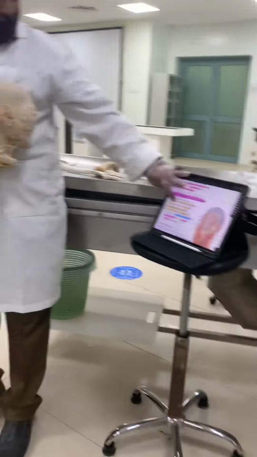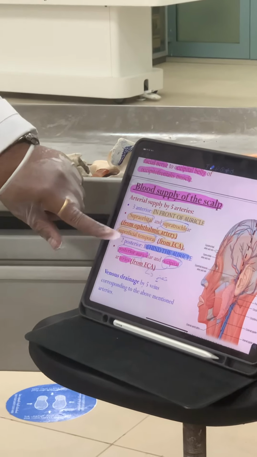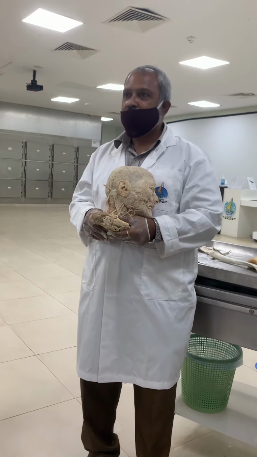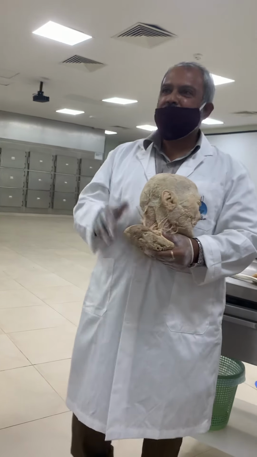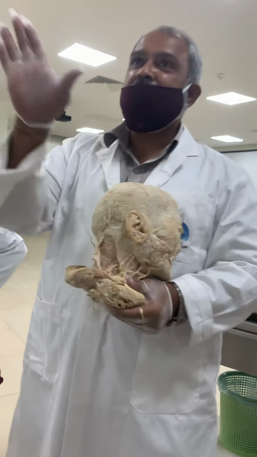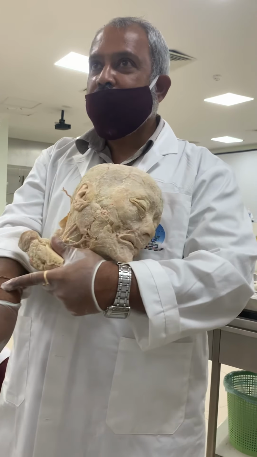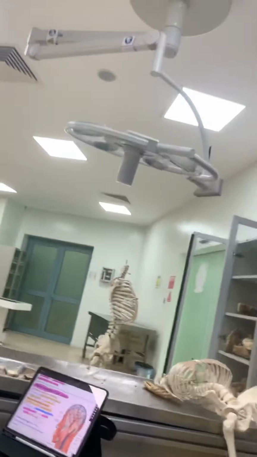Now the blood supply. The blood supply is the supraorbital, supratrochlear and superficial temporal. What is superficial? It's outside. Superficial means easily seen. You can see the veins, no?